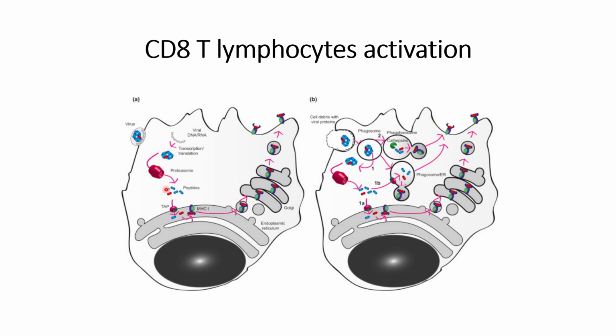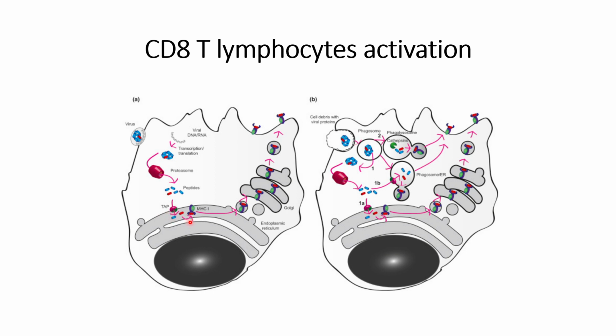And the proteasome is usually present in the host cells. This proteasome will digest some of the viral proteins and convert them into peptides, and then these peptides interact with the TAP that is usually present at the endoplasmic reticulum.